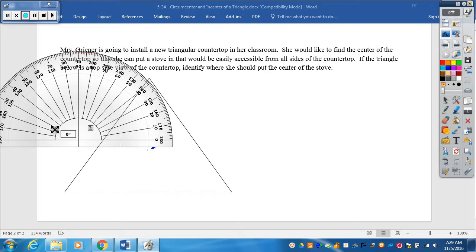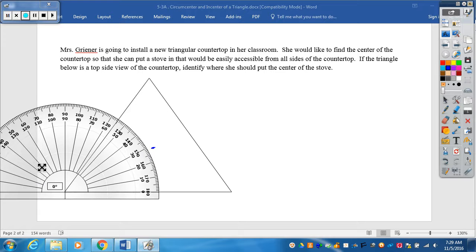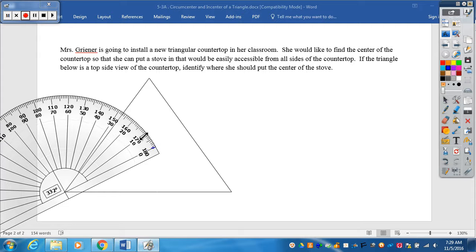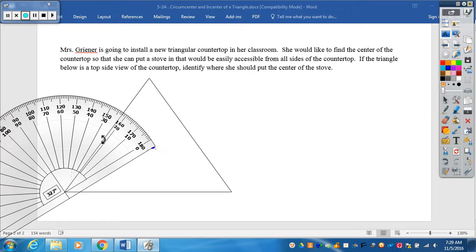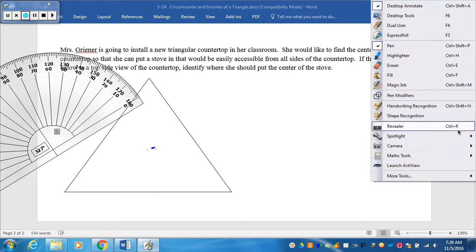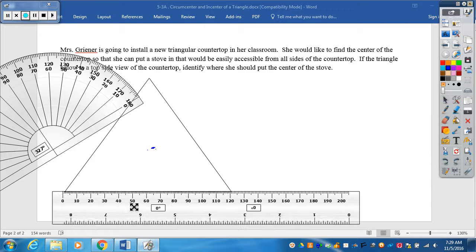I don't know if I can draw a line with this protractor. We'll see here. Nope, I cannot. Okay, well, we'll undo that last part, and we'll go ahead and get a straight edge out. Okay, and I'll connect those 2 points together.